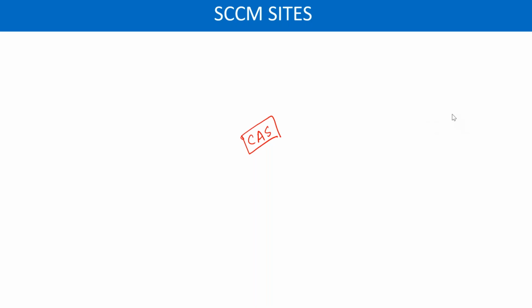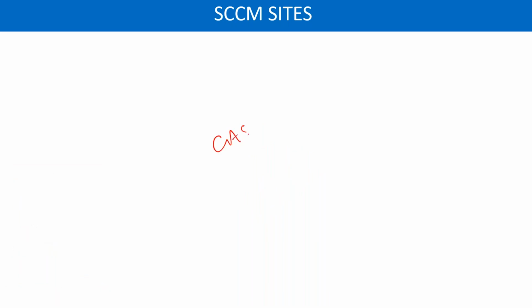Can anyone tell me? Yes, when we have more than one primary site. Suppose if we have primary 1 and primary 2, so minimum 2 primary site is there, then only central is needed. Otherwise, not needed. Okay.